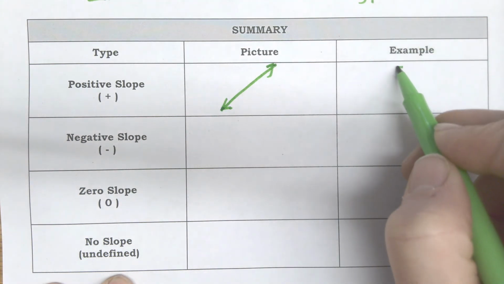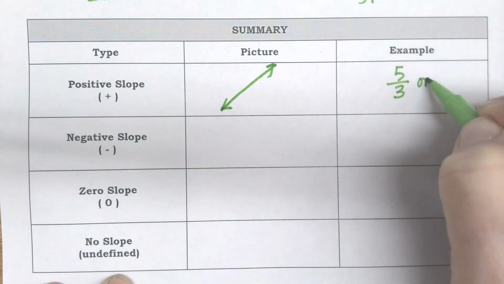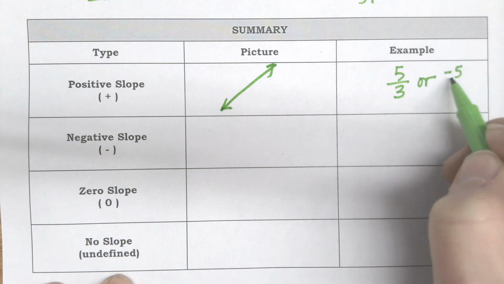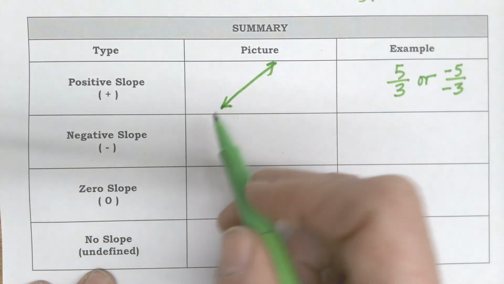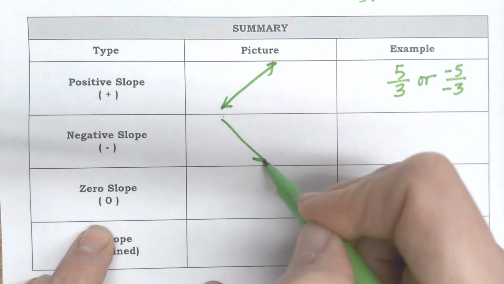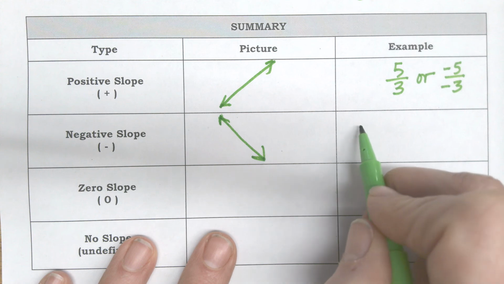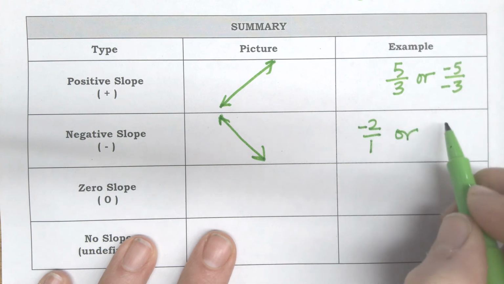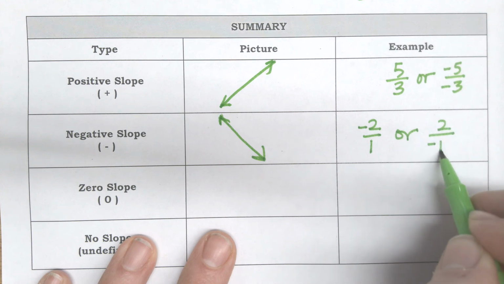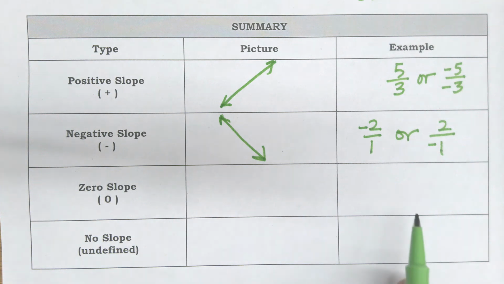An example of positive slope would be something like 5 over 3, or negative 5 over negative 3. 2 negatives make a positive.